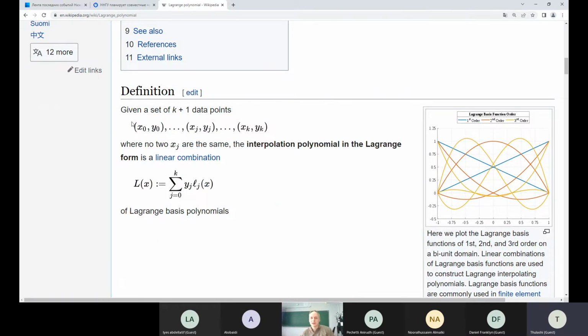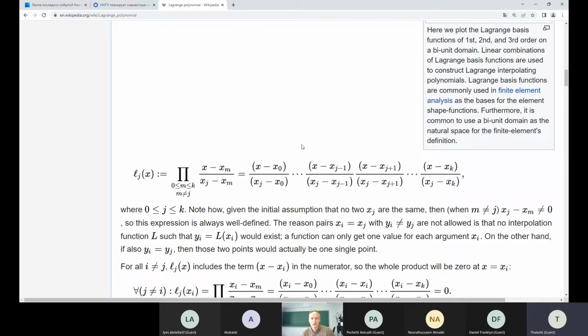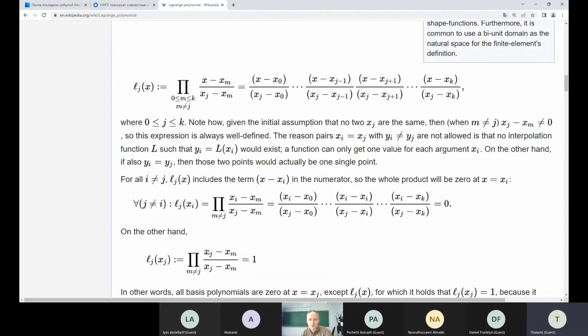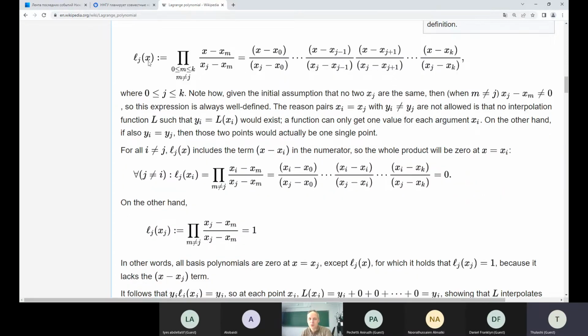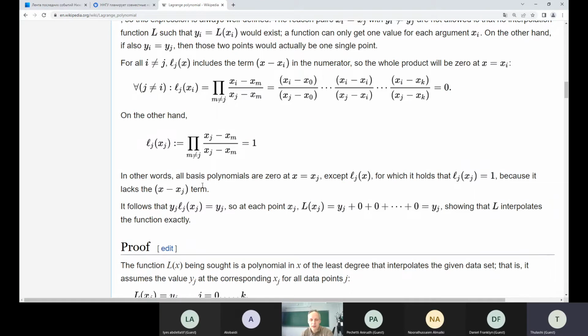You have the set of k+1 data points, and you find some function. This is a formula that we already wrote, x minus x0 and so on. This is a formula for the L_j(x).